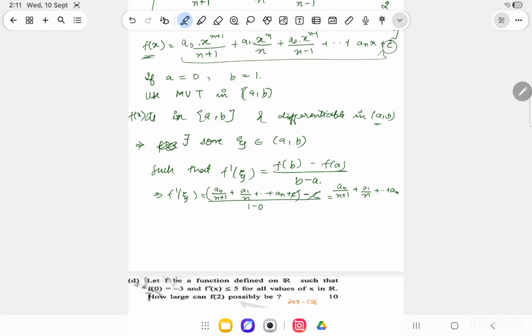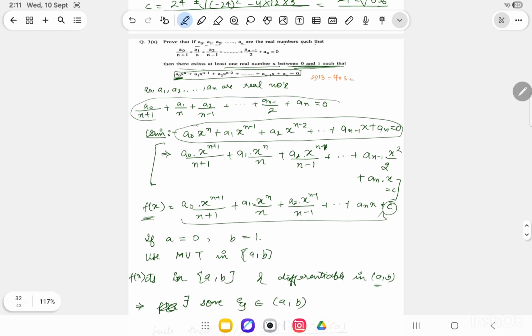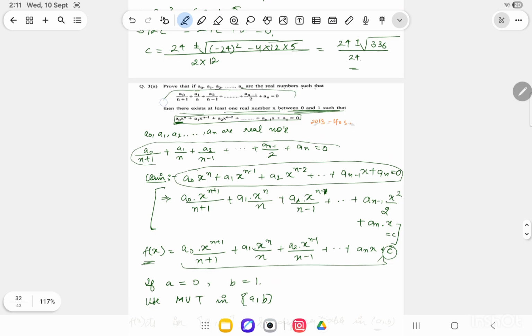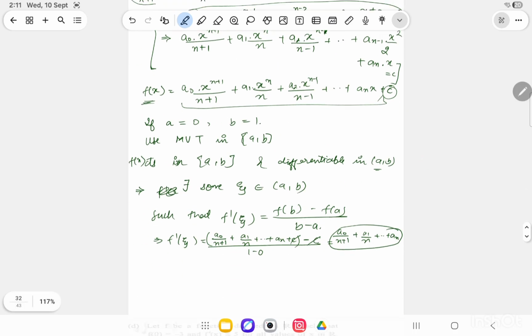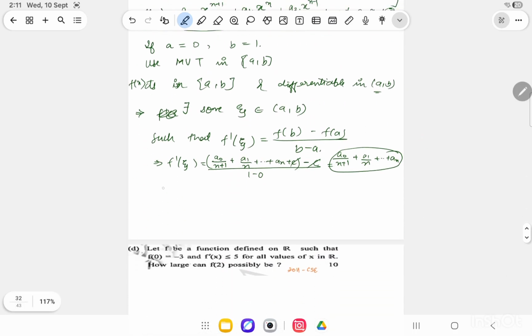But in the question this term is given to us as equal to 0, that is a0 by n plus 1 plus a1 by n up to an is equal to 0. So from here I got f dash xi is equal to 0 for some xi belonging to (a, b).